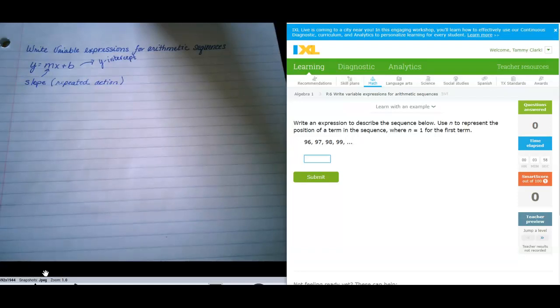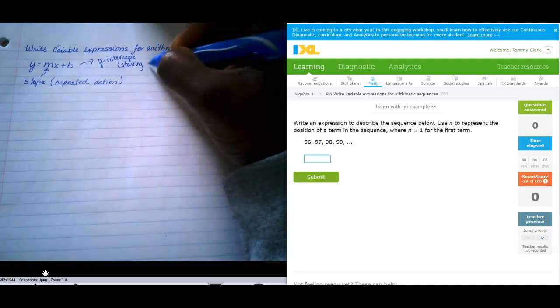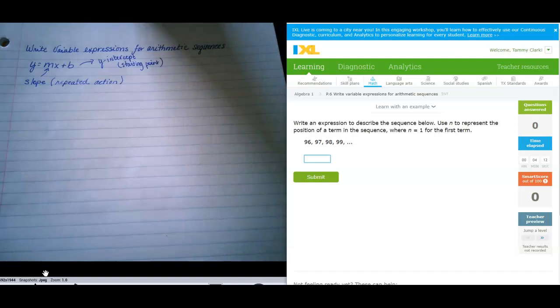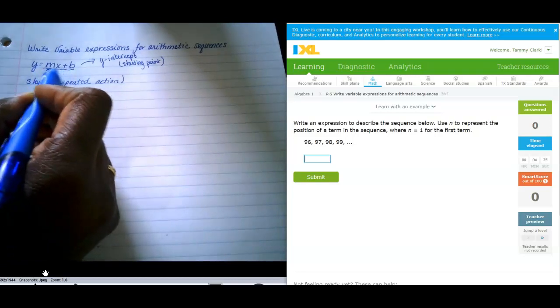And so my y-intercept, or my starting point, would be 0, 0 if I were graphing it, because this is week 0 and I haven't eaten any cookies yet. So when we look at this particular IXL, what we're trying to do is figure out this portion right here. So let's go ahead and get started.